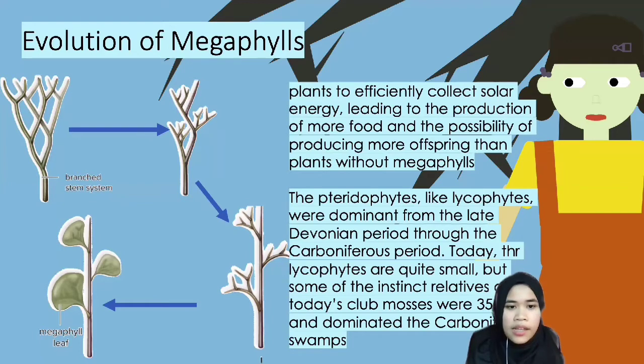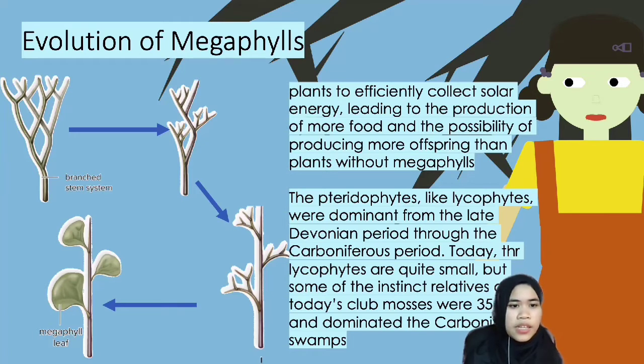As you can see, they are more flattened and more straight than before. And lastly, they evolve, and tissue fills in the spaces between the side branches, and as you can see here, these are the megaphyll leaves.